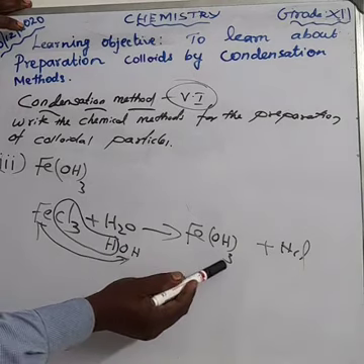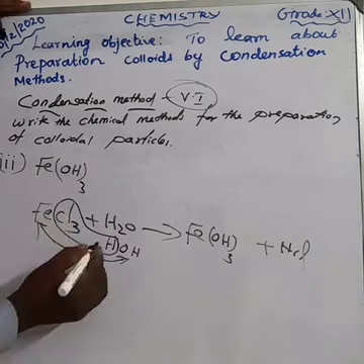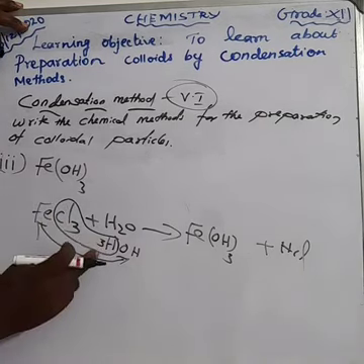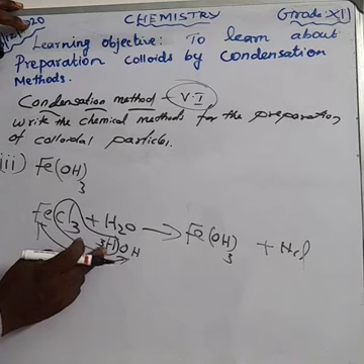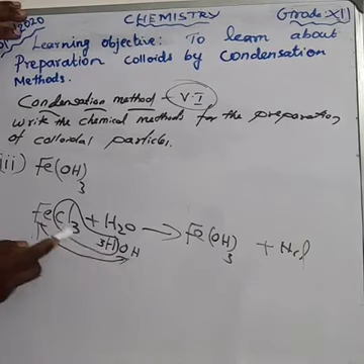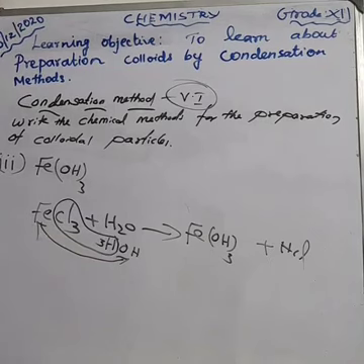So, how can you easily balance the equation? How much OH are we using here? 3 OH. So make it 3 here. So 3 hydrogen combines with 3 chlorine.